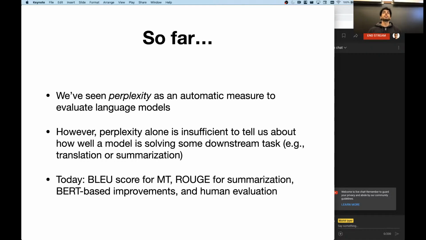But since the release of a model like ChatGPT or GPT-3 or GPT-4, actual users are leveraging these models for completely different tasks that haven't even been studied at all in the research community, which means that we don't know how to evaluate many of these tasks. And so as the models continue to grow in their capabilities, people are now working on evaluations that can scale to quantify some of these new capabilities.